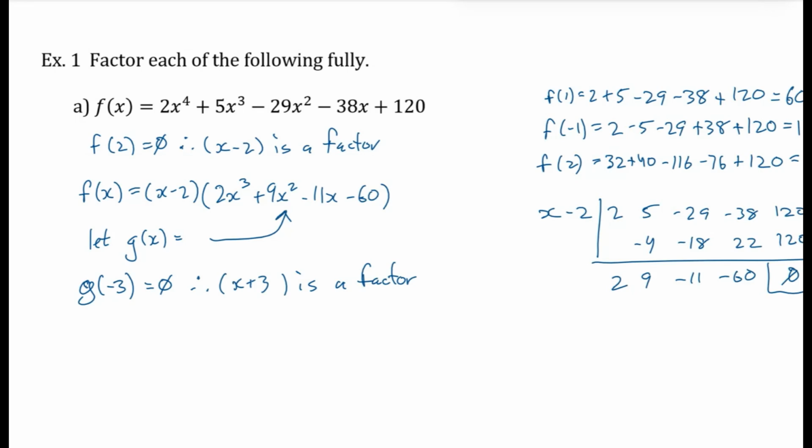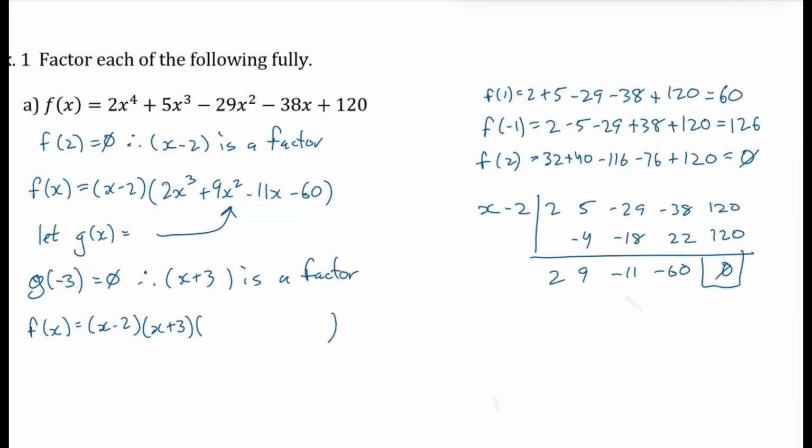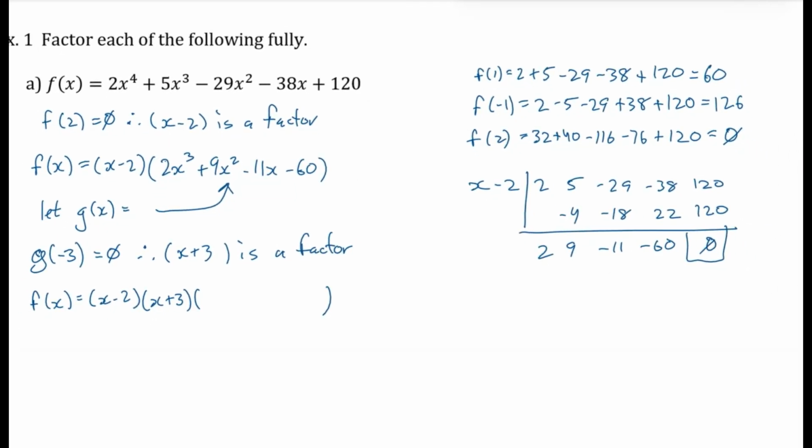Then I go back to f at x. If it seems weird, once you've done this a few times, it does make sense. It's not random. It's not a mistake. How do I find what goes in the last bracket? Synthetic division again. And what kind of a function is it going to be?